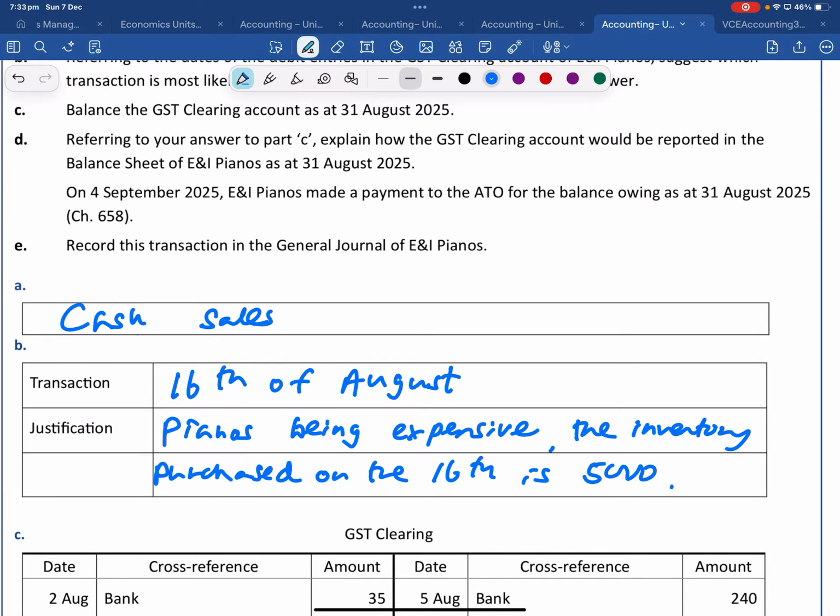Actually, guys, let's change it. We don't have cheques anymore. Please make it EFT 658.